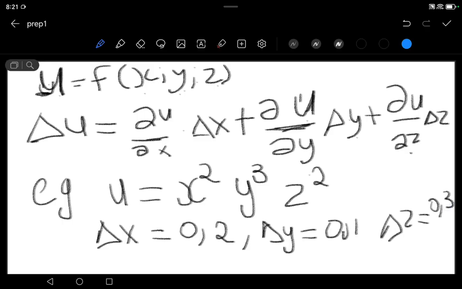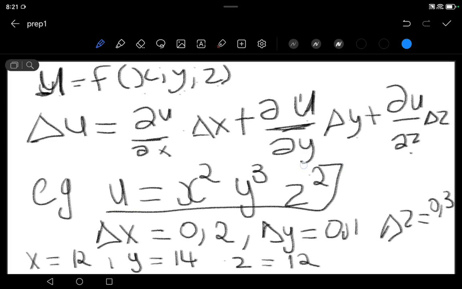And the values are x equals 12, y equals 14, and z equals 12. And they want us to determine the maximum error.